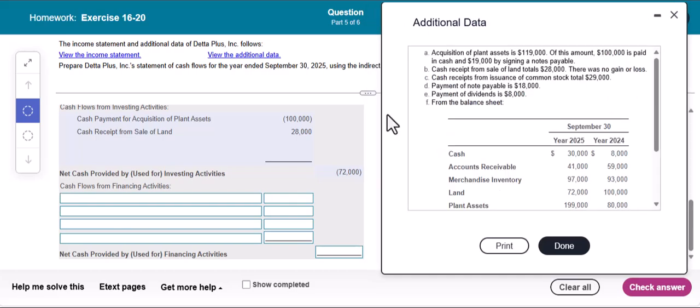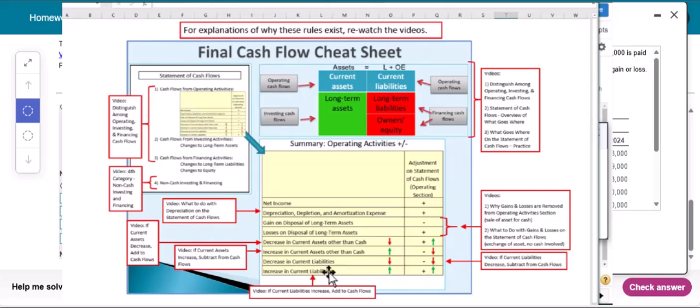Let's first get back to our cheat sheet for section 3. The financing activities section is changes to long-term liabilities and equity. And if you look over here, financing is long-term liabilities and equity. So depending on which way you look at it, with this method, because it's visual, we're looking for anything to do with long-term liabilities and owner's equity.